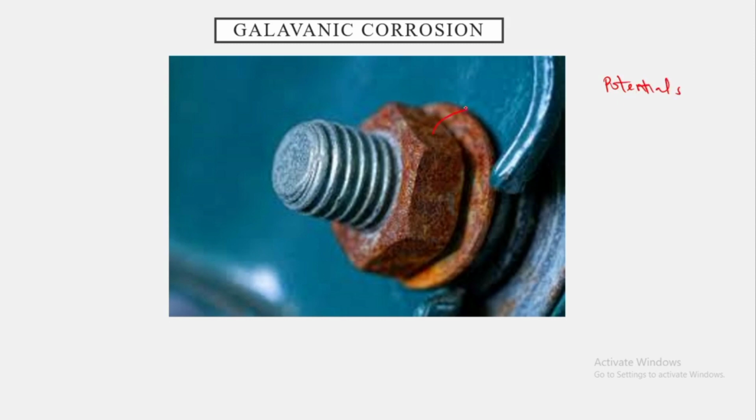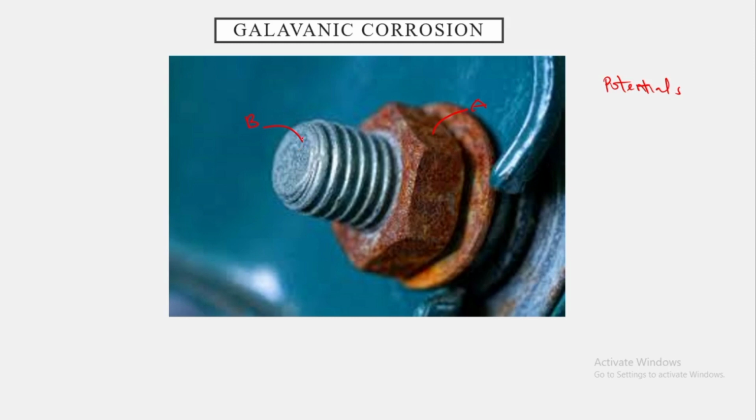So this is metal A and this is metal B. But we can see that metal A is undergoing dissolution and metal B is not corroding. What is wrong? This is the reason. The more active metal, which is the anode, corrodes. So this is the active metal, the anode, and the one which is corroding is the anode because it's more active.